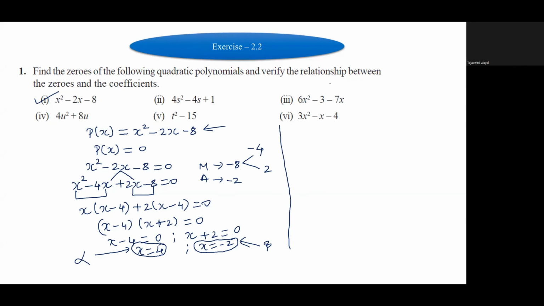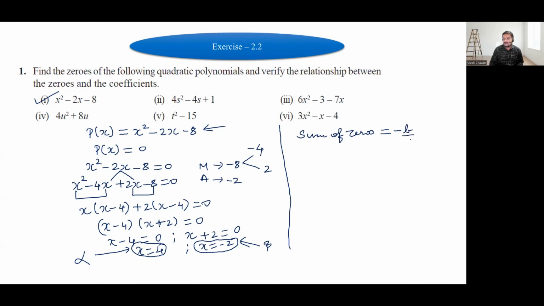So the sum of zeros, as we know that the sum of zeros is minus b by a. So we will write that first. Alpha plus beta, sum of zeros is equal to minus b upon a. Yes, sir. So what is the value of alpha? 4.